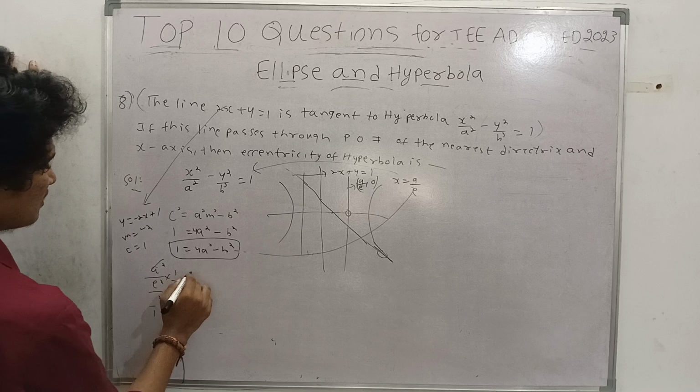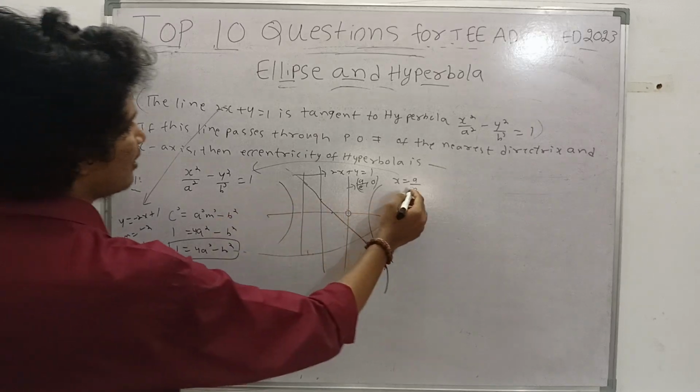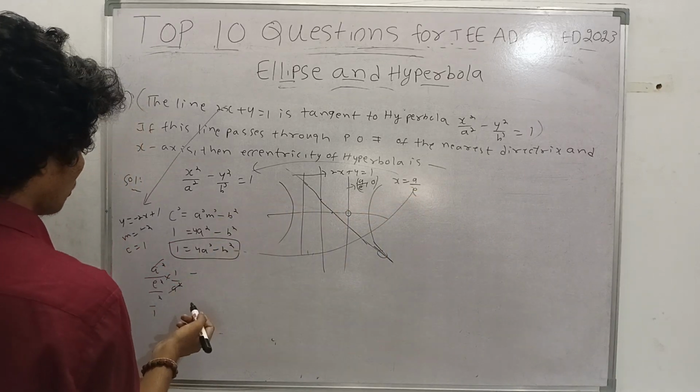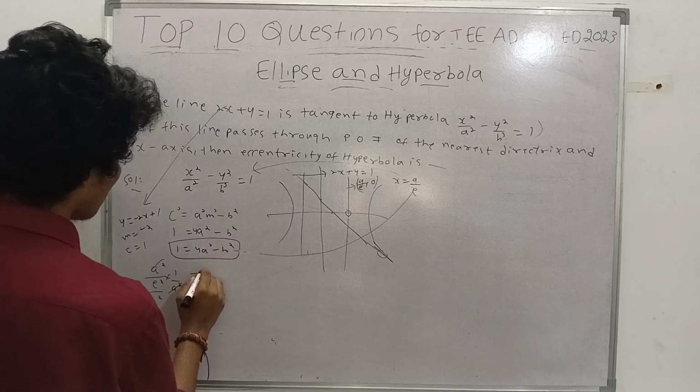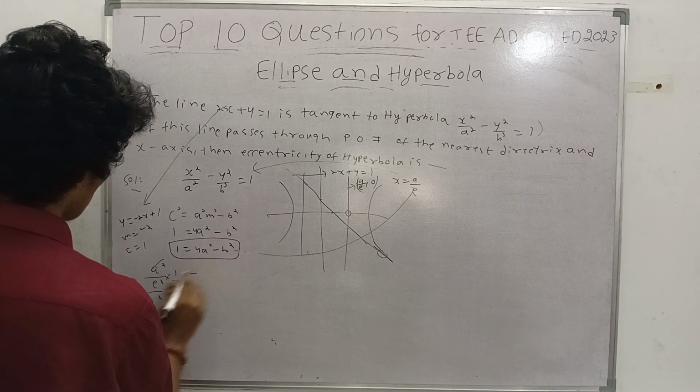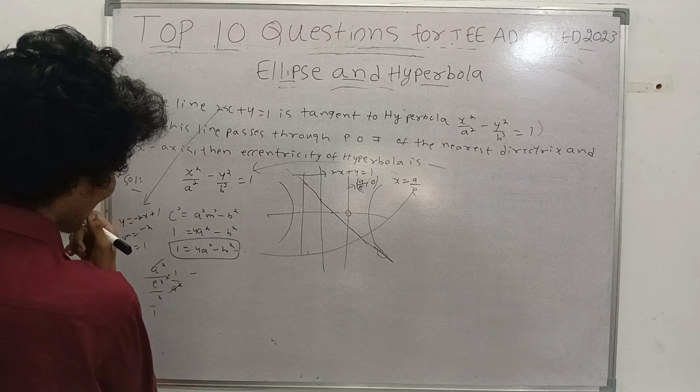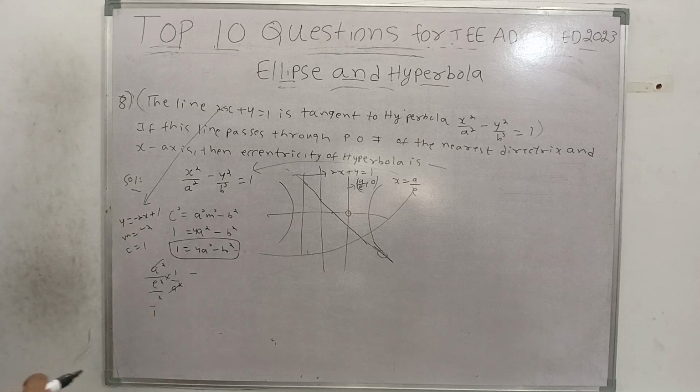So a square is cancelled, and x equal to a by e, but y can be anything. It is intersecting the nearest directrix. Nearest directrix is A by E, only that line. So we have to just supply E square.